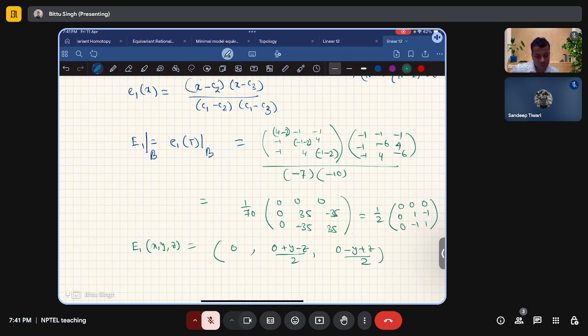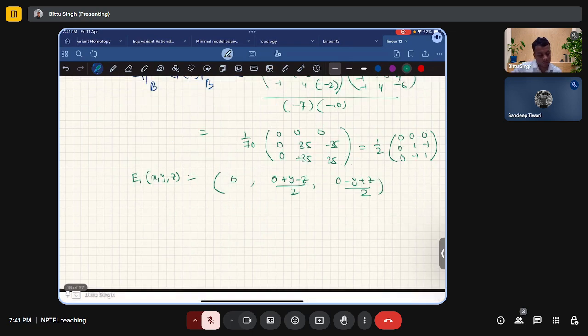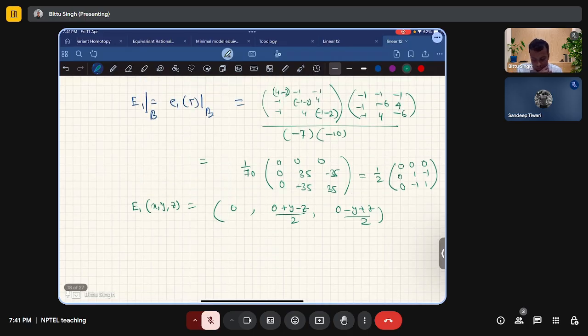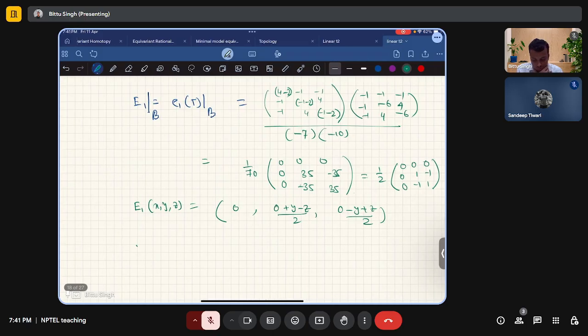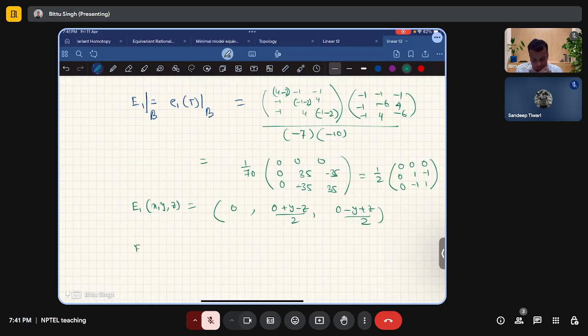Now if you do the same calculation, it is easy to see. Let me write the formula for E2. The representation of E2, that is same as E2T, this matrix representation.